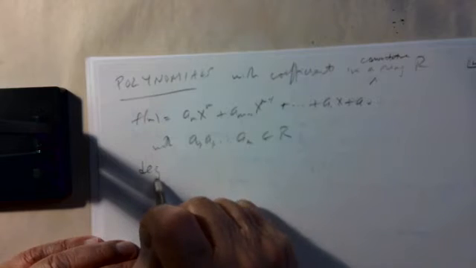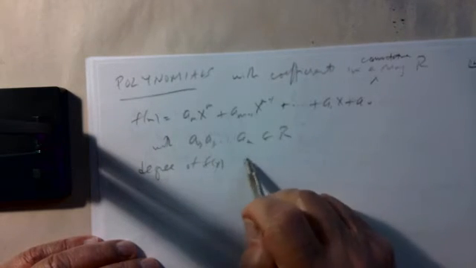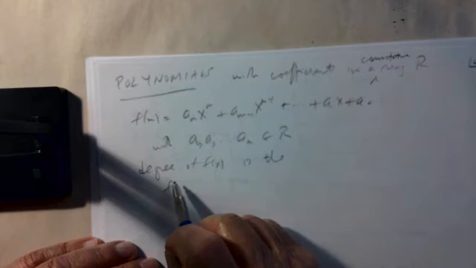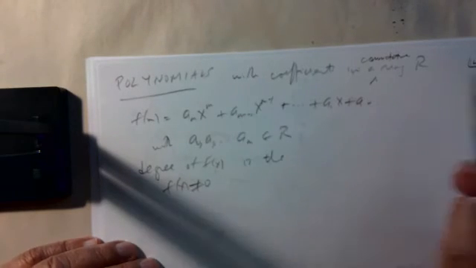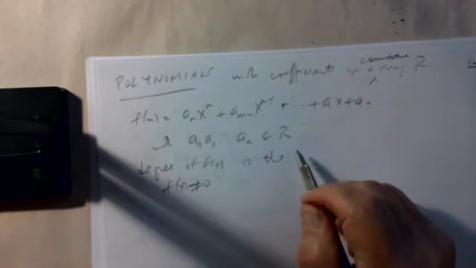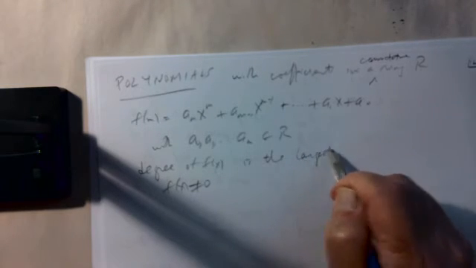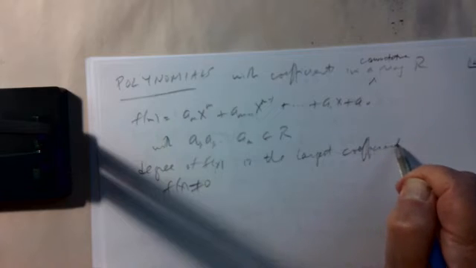And the degree of f of x, if f of x is not the zero polynomial, where the zero polynomial has all the coefficients 0, is the largest n such that the coefficient a sub n is different from 0.